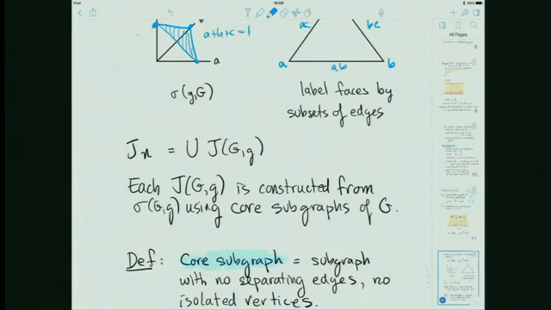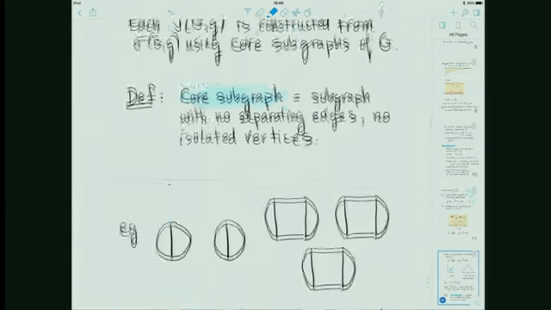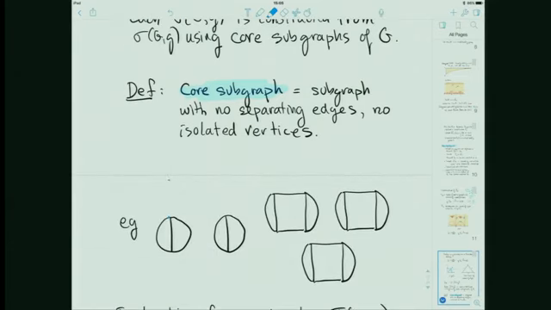So a core subgraph is just a subgraph with no separating edges or isolated vertices. So for example, if these are the graphs, what are the core subgraphs? Well, that guy is core. That guy is not core because it has a separating edge. This guy is core. So is this one.